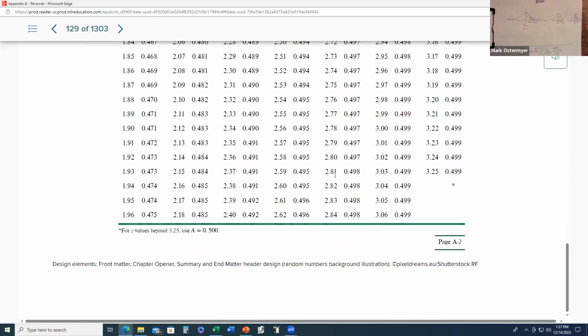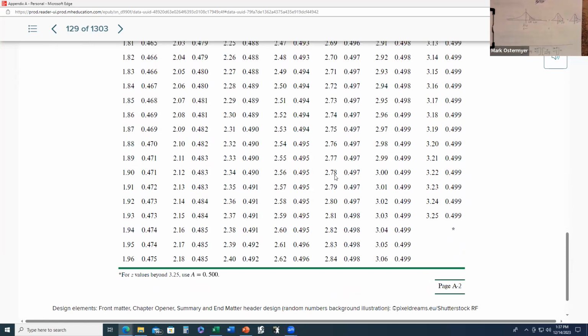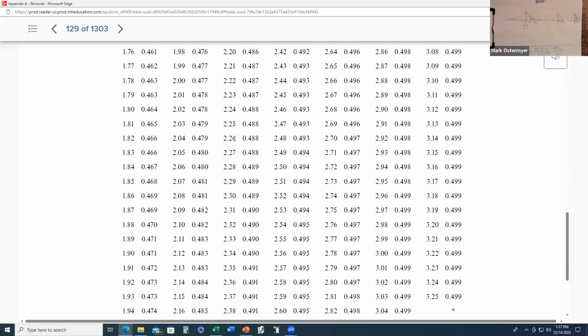Anybody see it here? Aha! I found it. A z-value of 2.25. What's the area? 0.488. There you go. Write that down on your paper. 0.488.